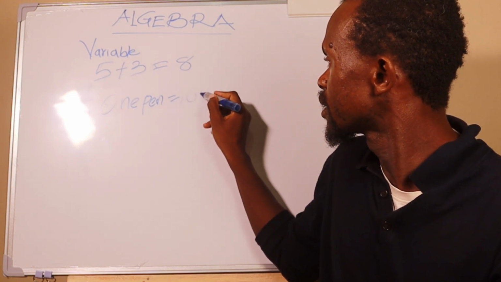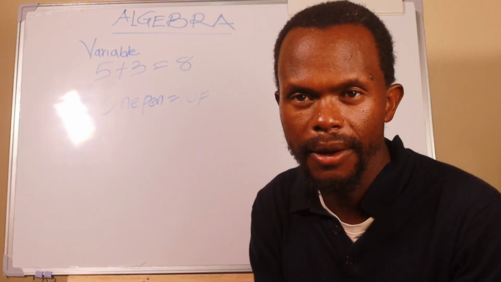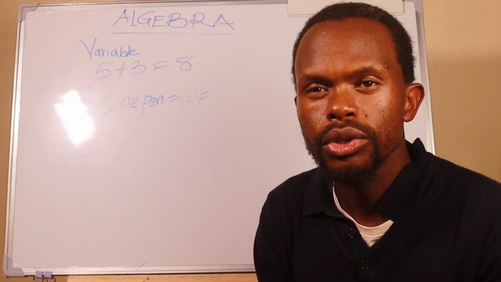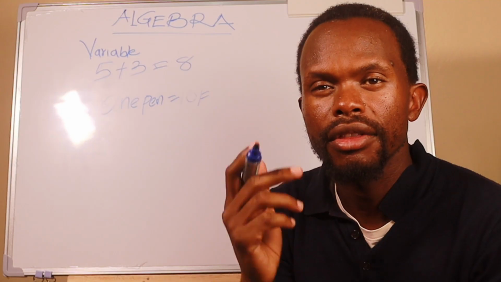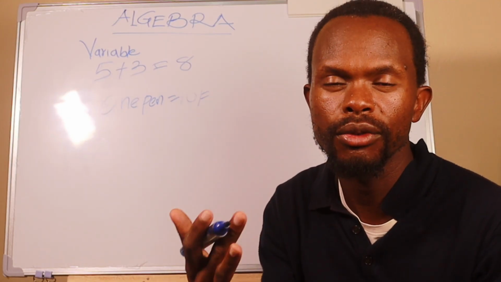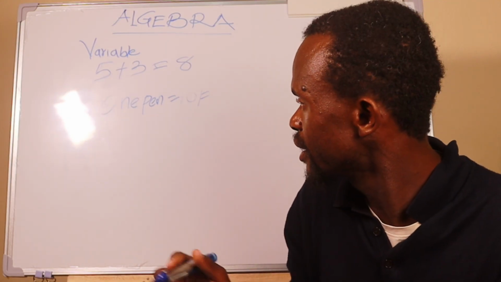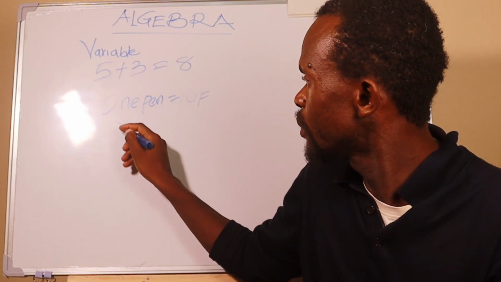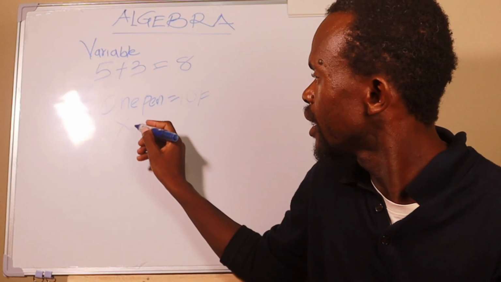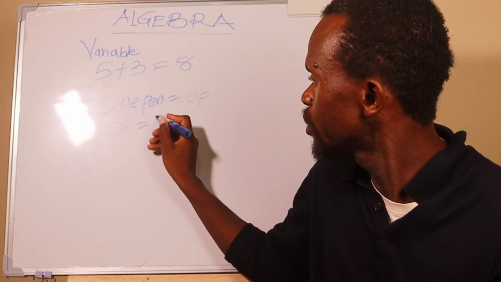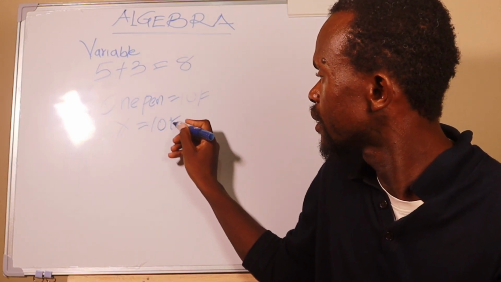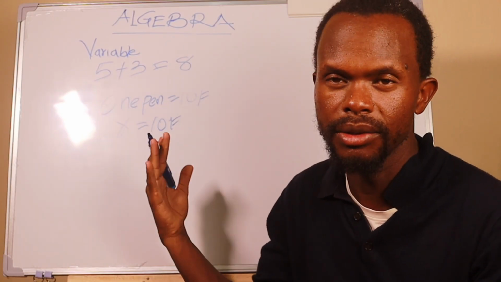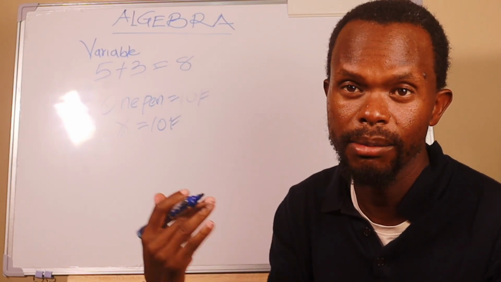Then we are told to calculate the value of 3 pens. If you're told to form a formula for this, we can just assume that 1 pen is equal to 10 shillings. That's how you can form an algebra using that statement.